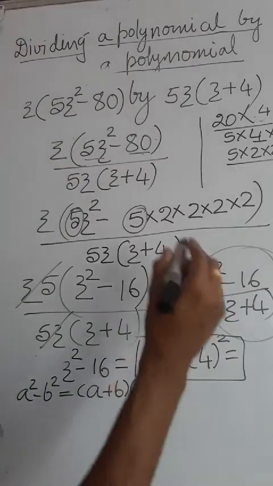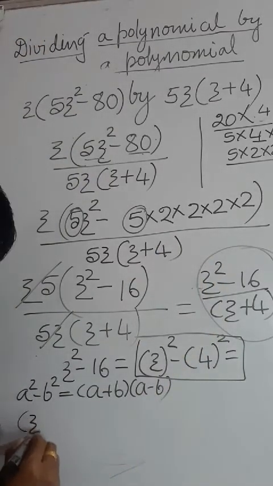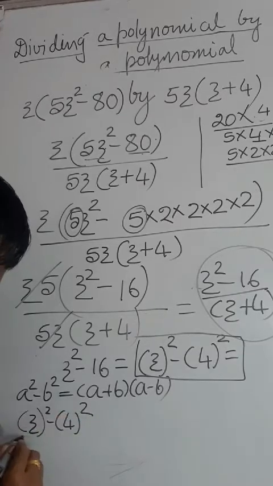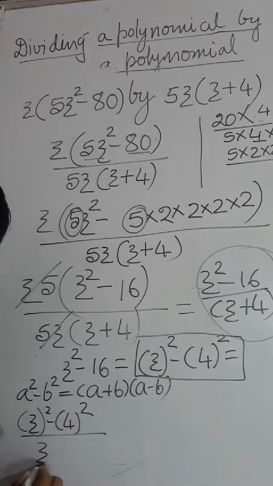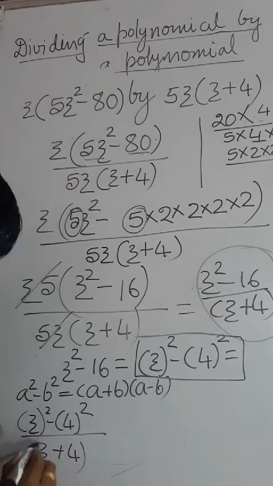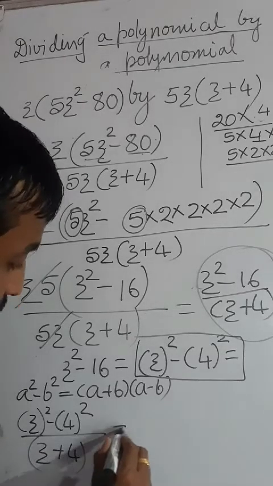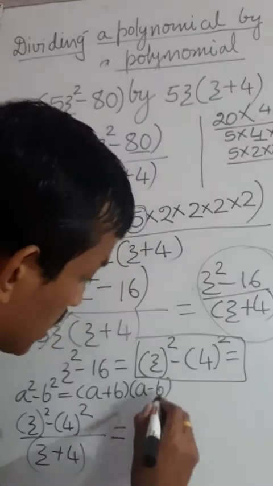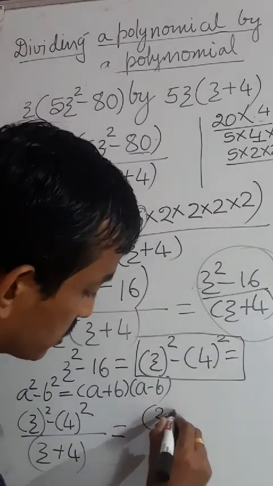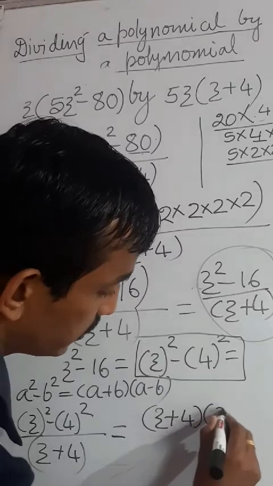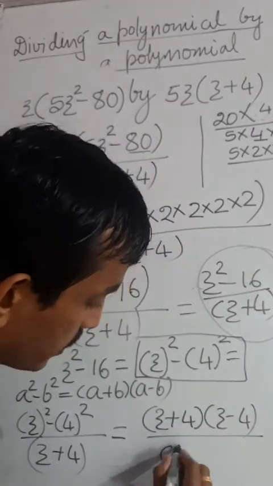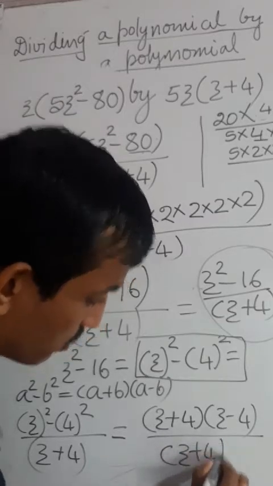I will write z square minus 4 whole square divided by z plus 4, that is equal to (z plus 4) into (z minus 4) divided by z plus 4.